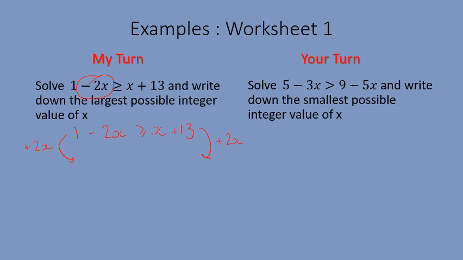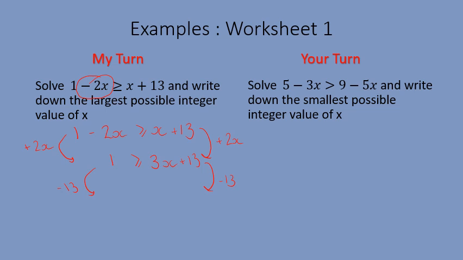On the left-hand side I've got rid of this negative 2x, so I'm just left with the 1 there. And on the right-hand side I had an x, I've added on 2x, so I end up with 3x, add 13. So I now need to subtract the 13 on both sides.